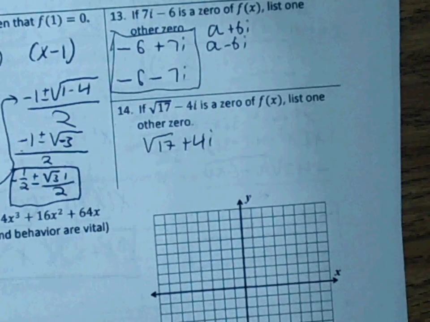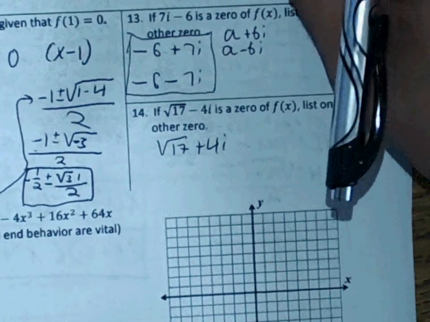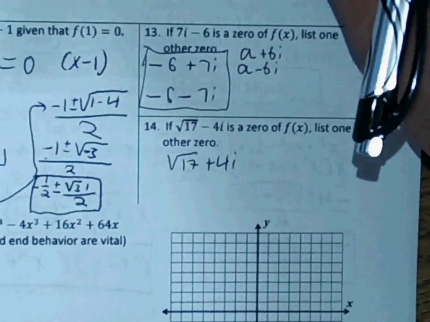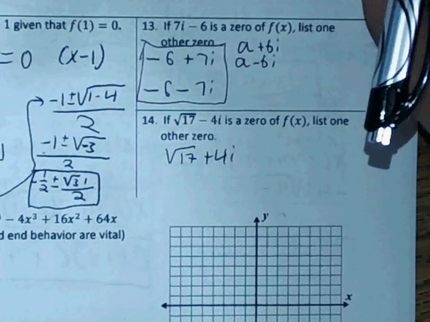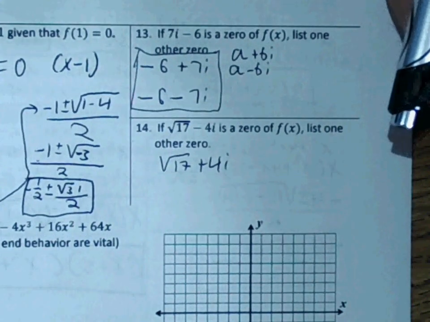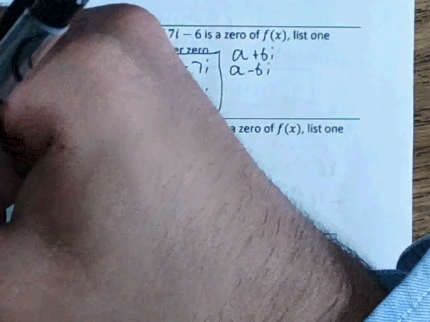Factor the function negative x to the 4th minus 4x cubed plus 16x squared plus 64x, and sketch the graph. Zeros and end behaviors are vital. Okay. So we need to factor this. So first I can take out an x.